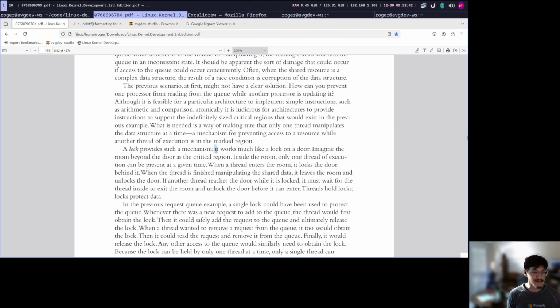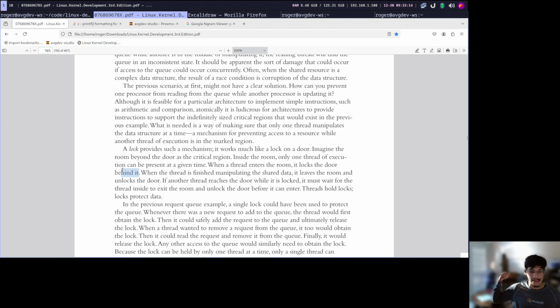It works much like a lock on a door. Imagine the room beyond the door as a critical region. Inside the room, only one thread of execution can be present at a given time. When a thread enters the room, basically because it has the key to the door, it locks the door behind it.